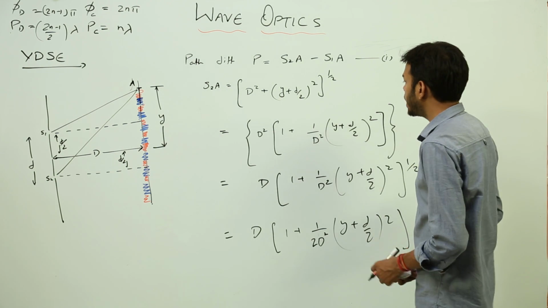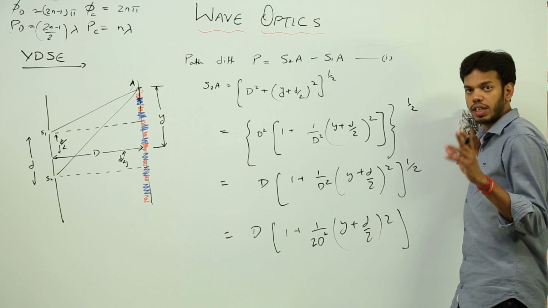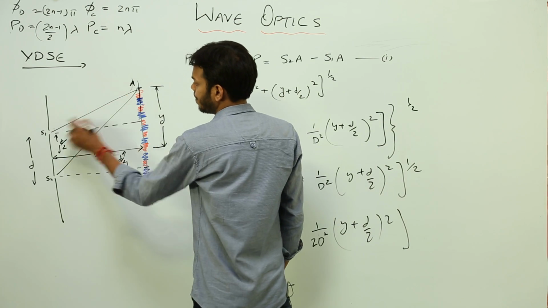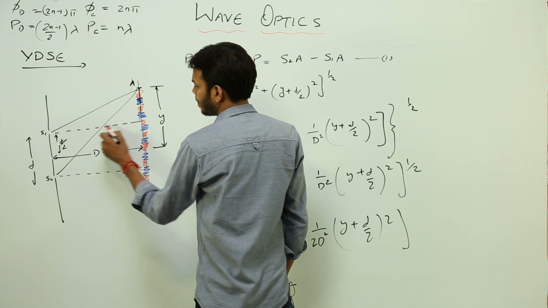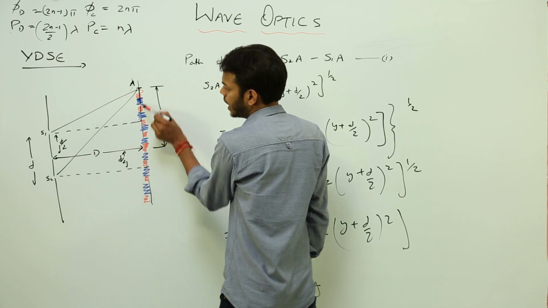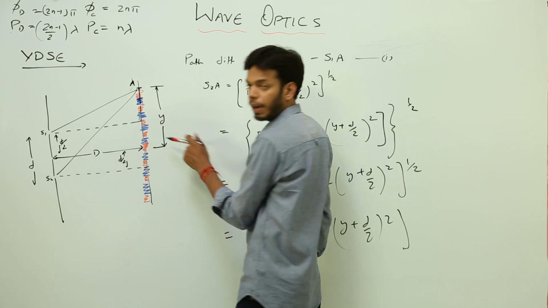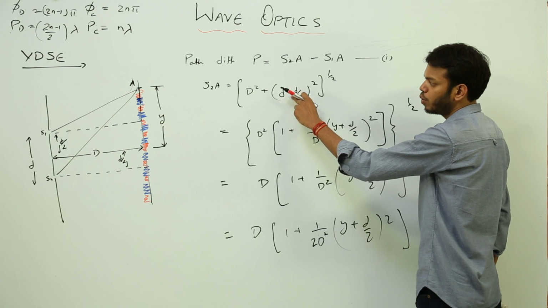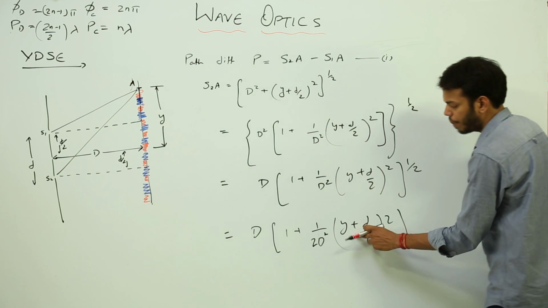Okay. Similarly, now listen carefully, in case of S1A, that is this, S1A would be under root this square, which is d square, plus this much. This much is y minus d by 2 whole square. So instead of plus, I will be using minus here. So everywhere it will be minus.